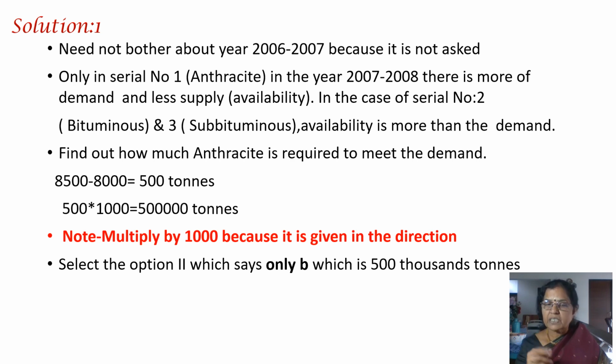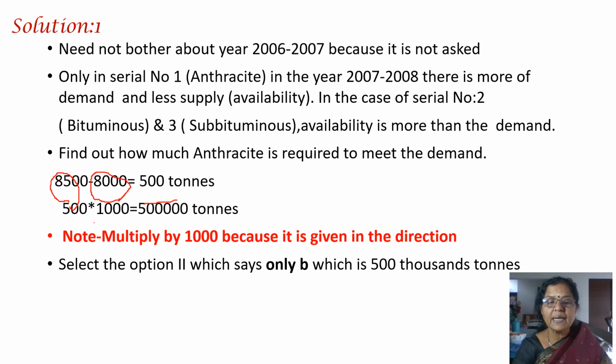So in the first type, anthracite type, how much more is required to be produced to meet the demand? How much is in demand? 8,500. And how much is available? Only 8,000. So 8,500 minus 8,000 is equal to 500 tons.